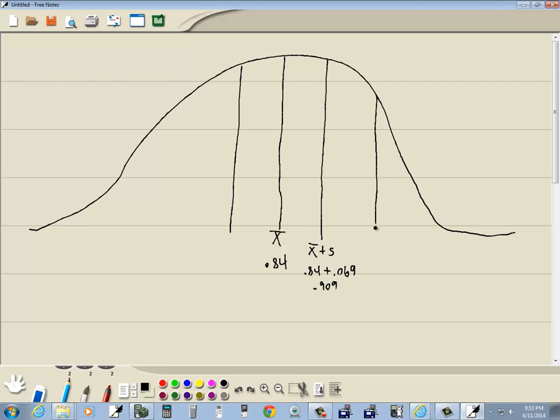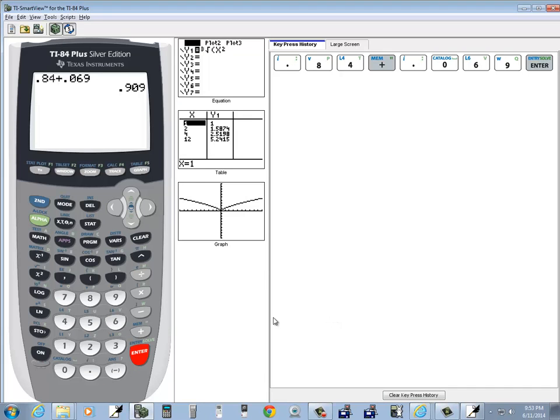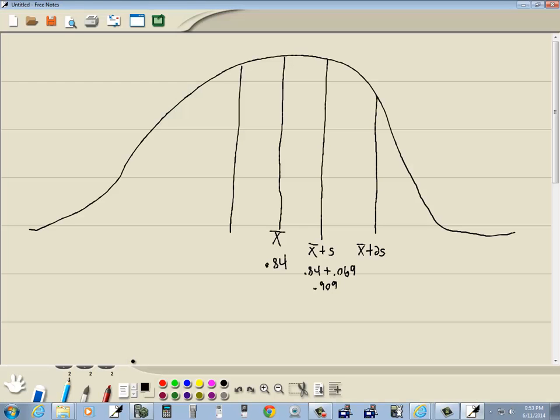The next one here will be X bar plus 2S. Now what we do is we keep adding 0.069 over and over. So 0.909 plus 0.069 gives us 0.978.